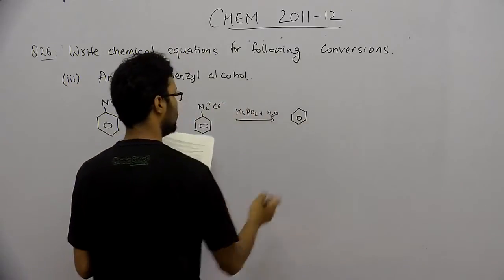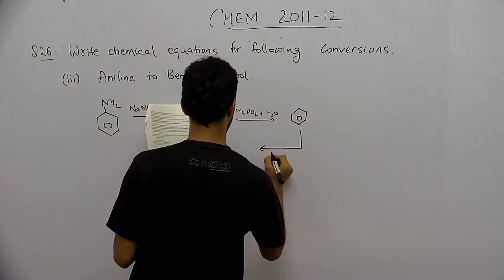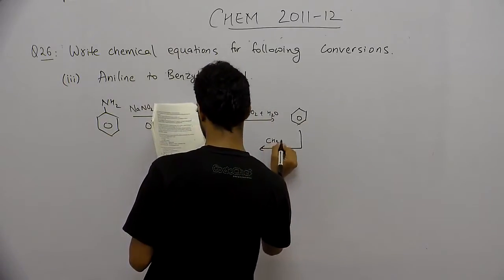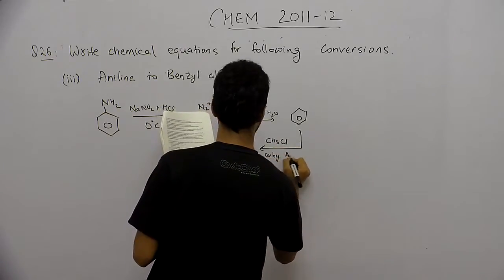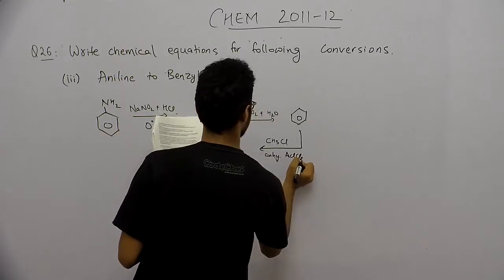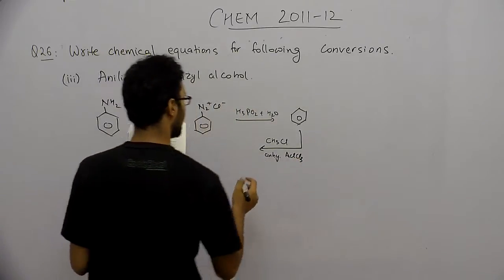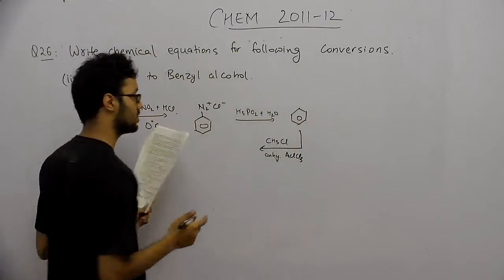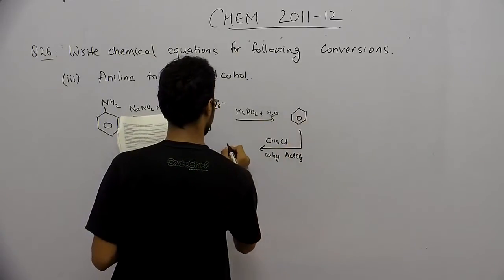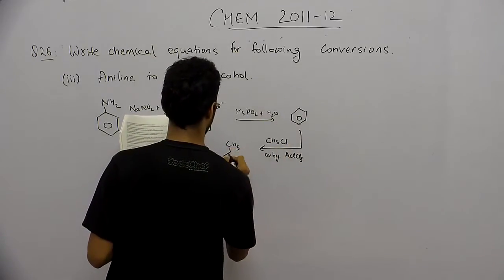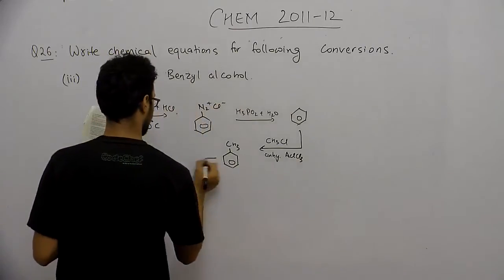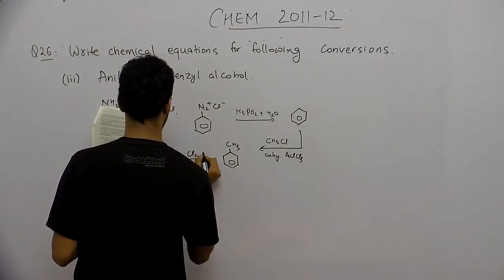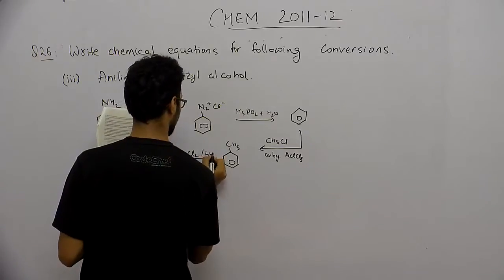Now what we will do? We will react with CH3Cl in presence of anhydrous AlCl3. This will result in addition of CH3 group on the top. So we will get, now we have to react it with chlorine in presence of sunlight.